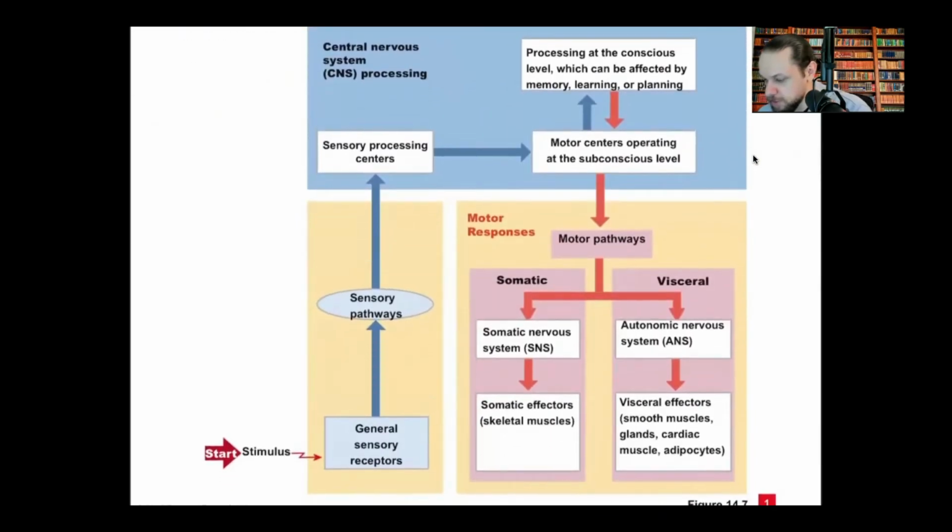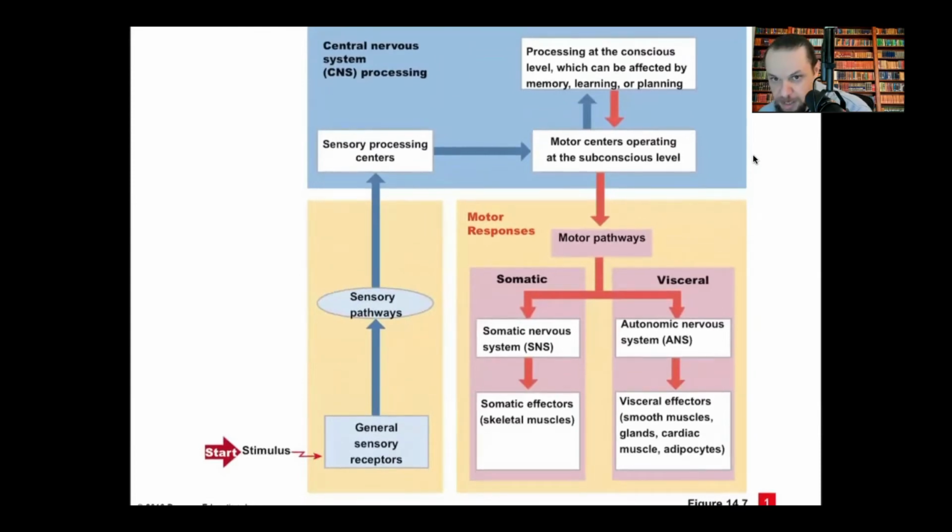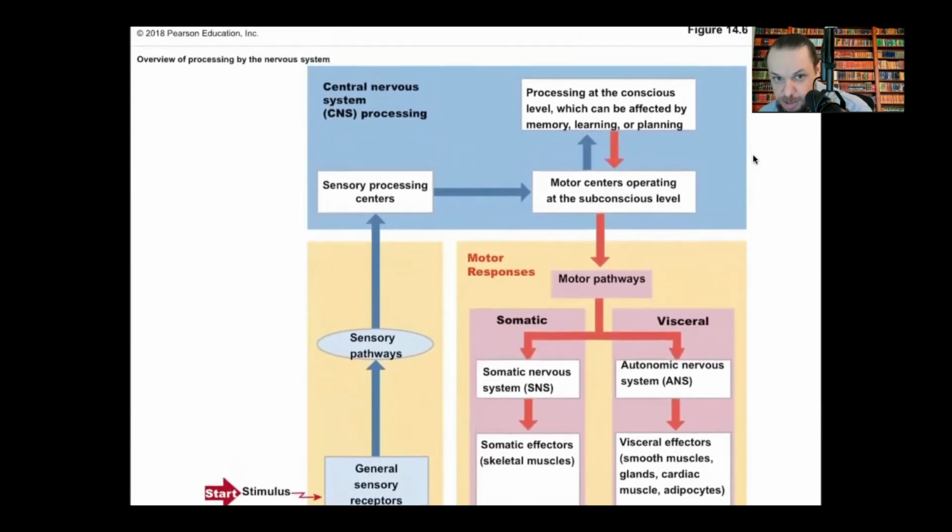So here, this is the central nervous system. We now have discussed the sensory processing, how it's propagated to the sensory neuron, how you interpret it. We talked about in the muscle chapter, the motor centers will respond.